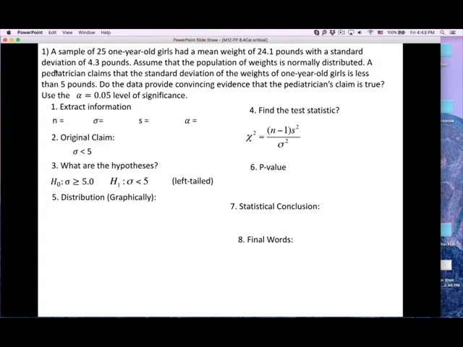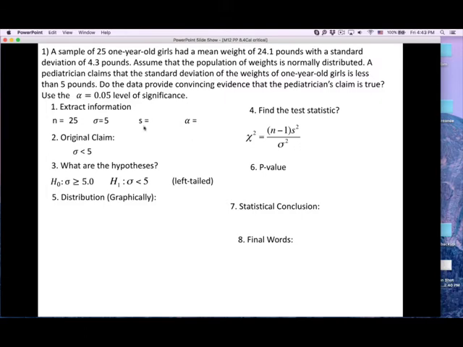Okay, try with the question one more time. Find out these 4 guys here. You should get n equal to 25 because it says sample of 25. The population standard deviation will be equal to your null hypothesis, which is going to be 5.0, right?